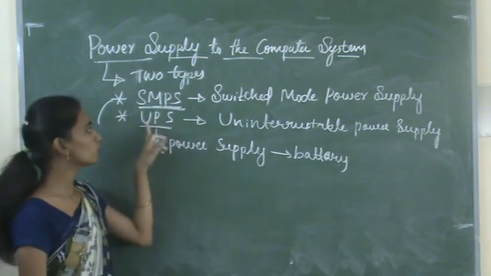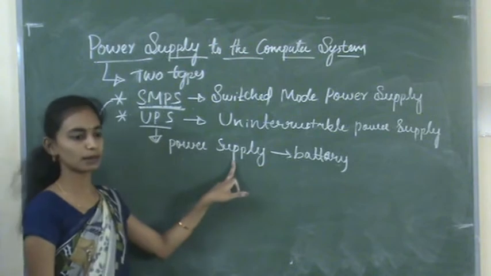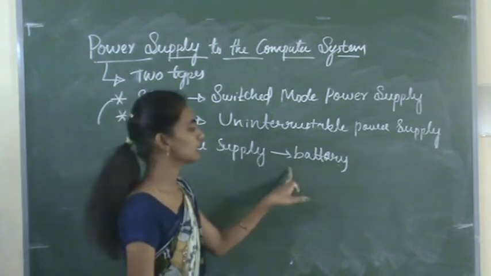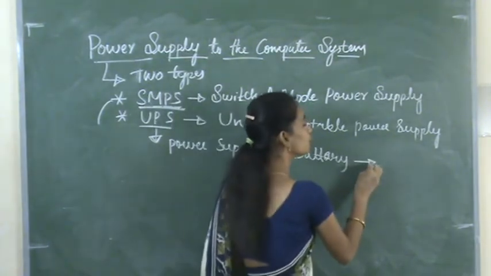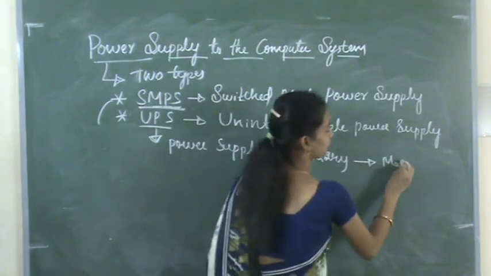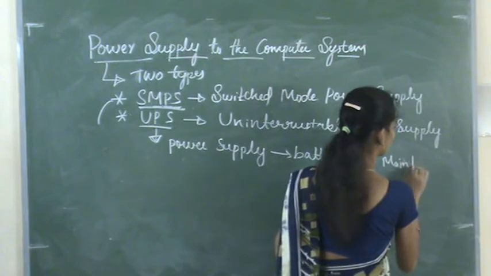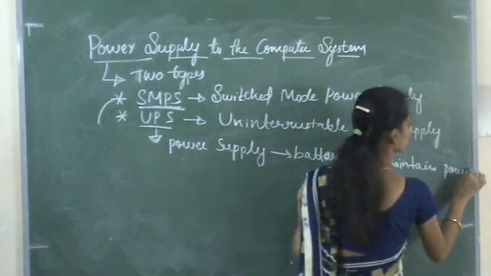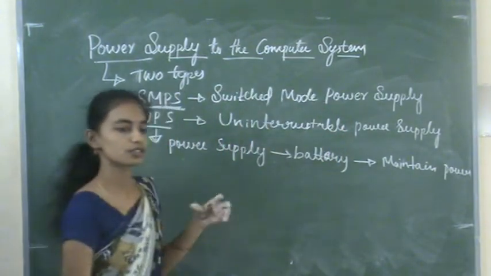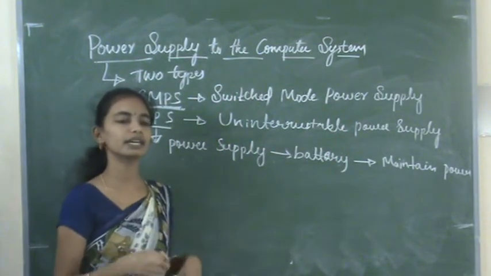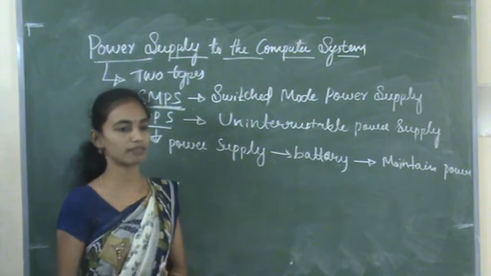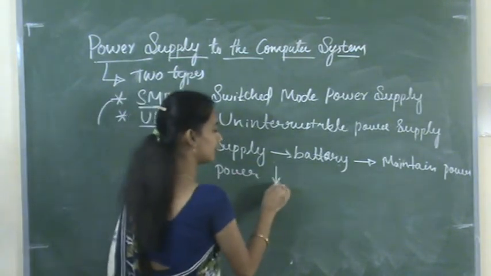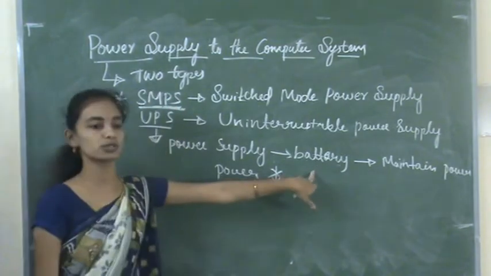UPS is a power supply that includes a battery to maintain power in the event of a power loss. Whenever a power loss or power failure occurs, it uses this battery.